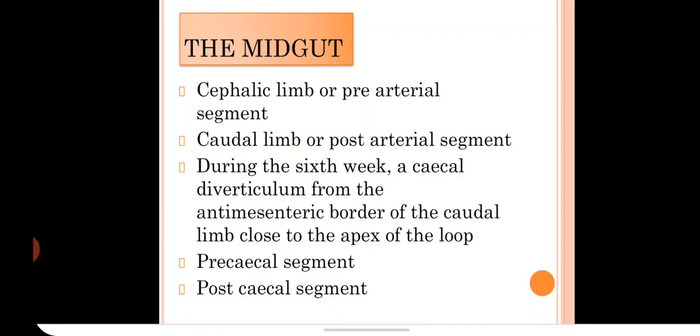The cephalic limb is called the pre-arterial segment, and the caudal limb is called the post-arterial segment. From the post-arterial segment, a cecal diverticulum develops. So again, this midgut may be divided into a pre-cecal segment and a post-cecal segment.